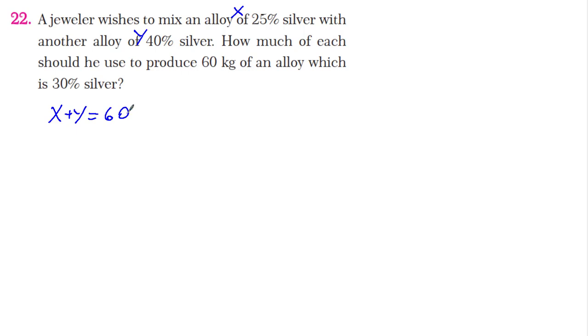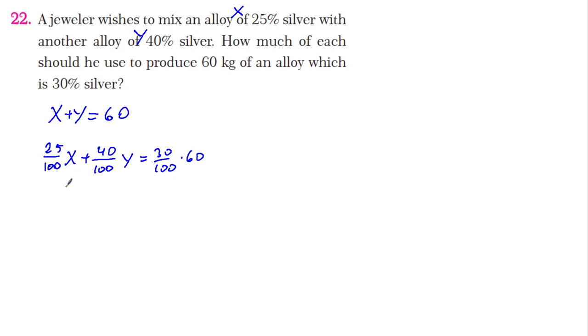Now let's just concentrate on the amount of silver, where the first alloy has 25% silver, plus the second alloy has 40% silver. This sum should be giving us 30% of 60 kilograms.